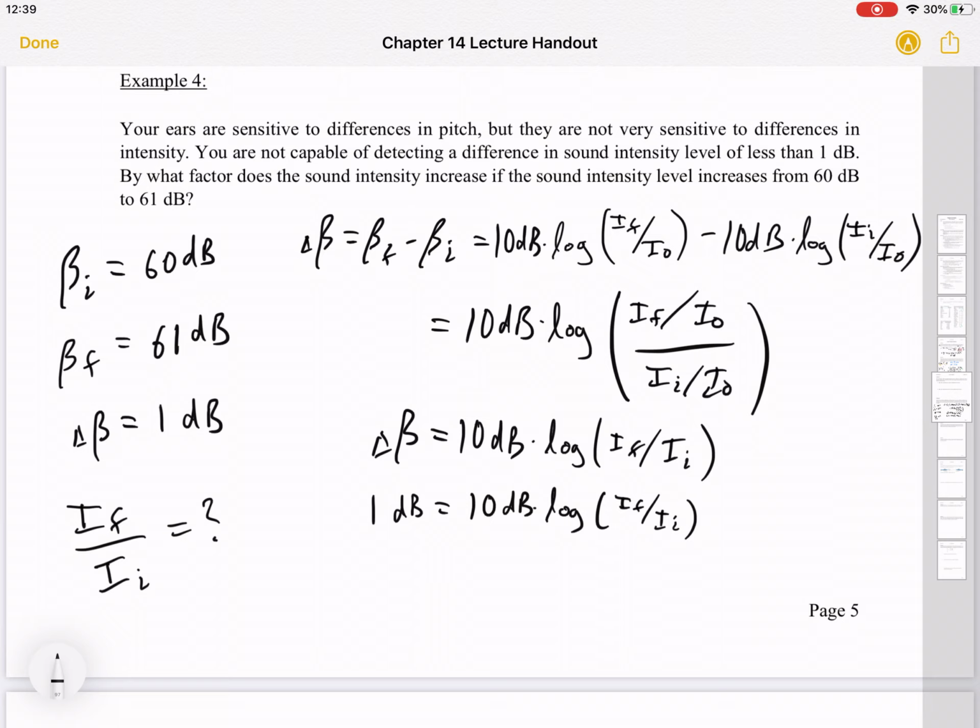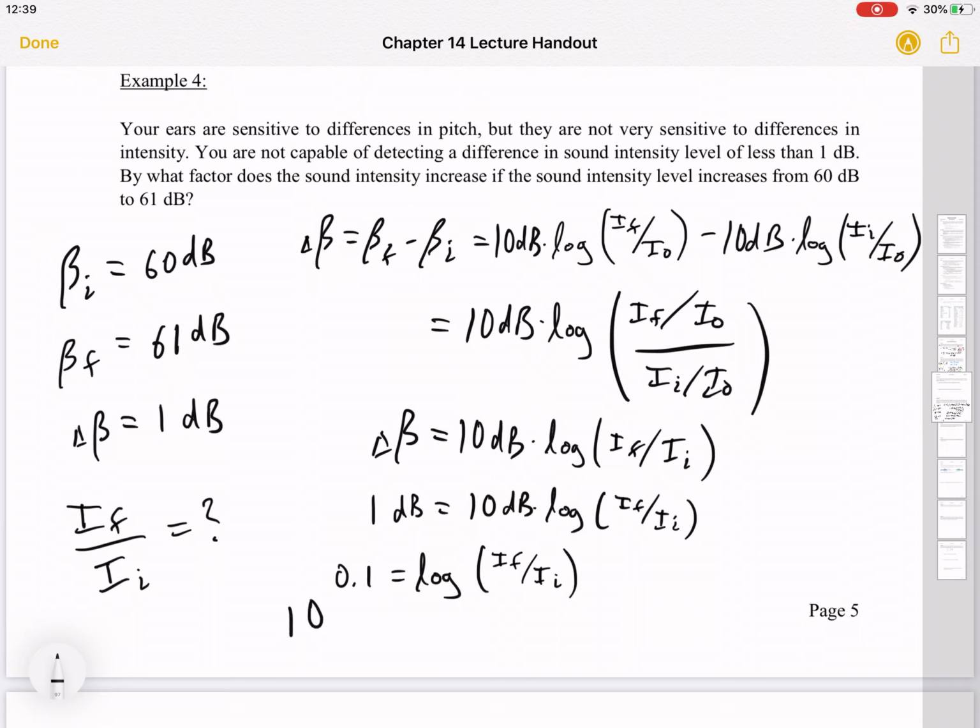Okay, so I can divide 10 decibels to the other side. That gets me 1/10, that's 0.1, equals log of I final over I initial. How do I undo a logarithm? Well, you raise each side to that. It's such an awkward thing to say.